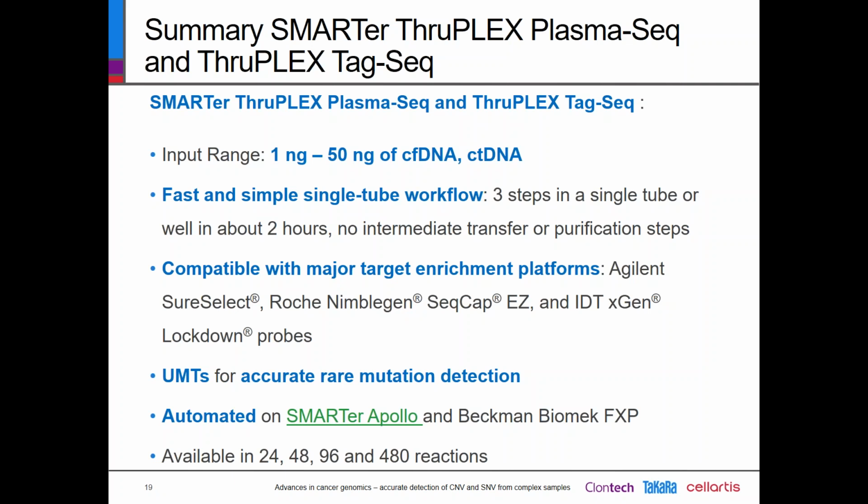A very important feature is the compatibility and reference use of those kits with several major target enrichment platforms. And we really do think that the incorporation of unique molecular identifiers is a big plus for accurate detection of rare mutations.